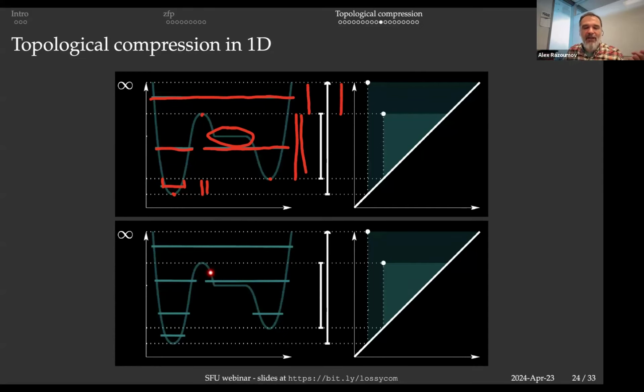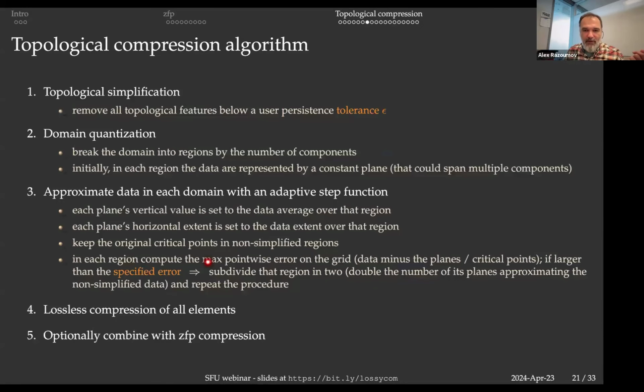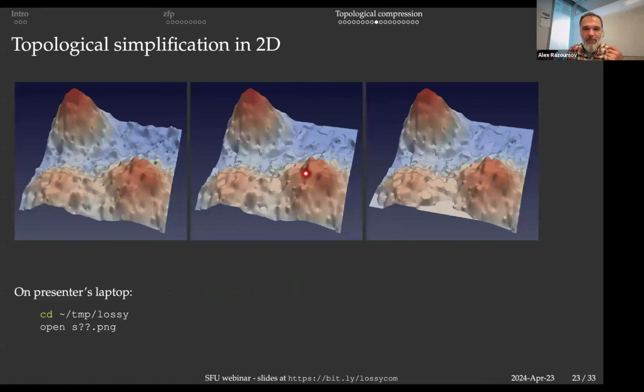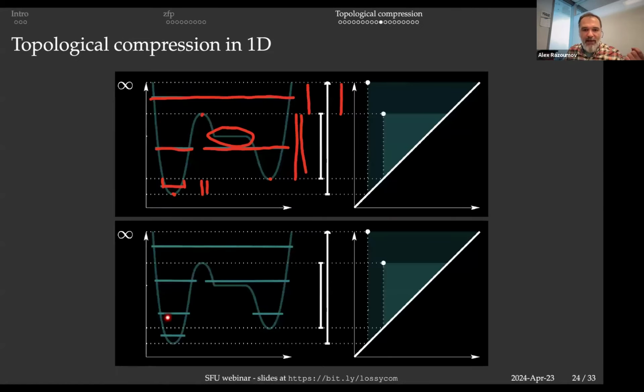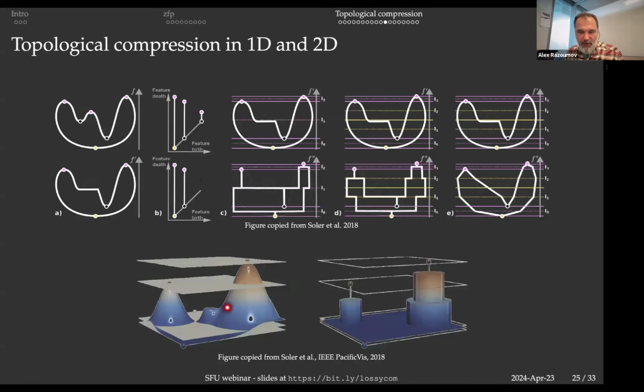And if the error is larger than a threshold, here's this very important user-specified error, so there are two numbers that are important in topological compression. If the error is bigger than the threshold, then you refine that region. So instead of having a single value for these planes, you have two values, and then you iteratively keep refining those regions where the error is bigger than the threshold.